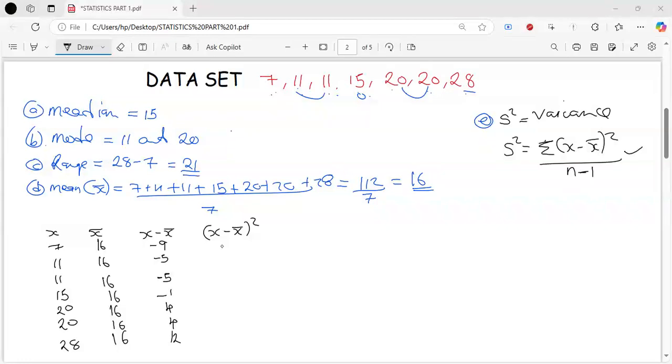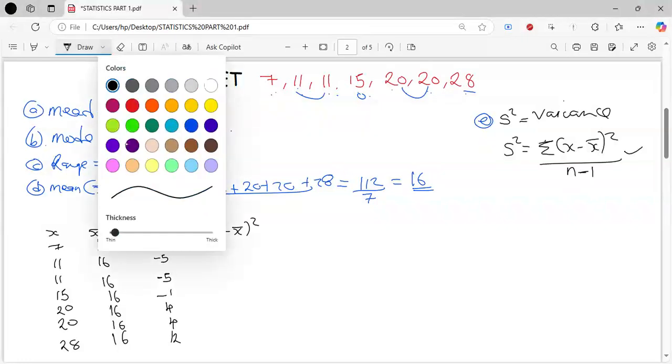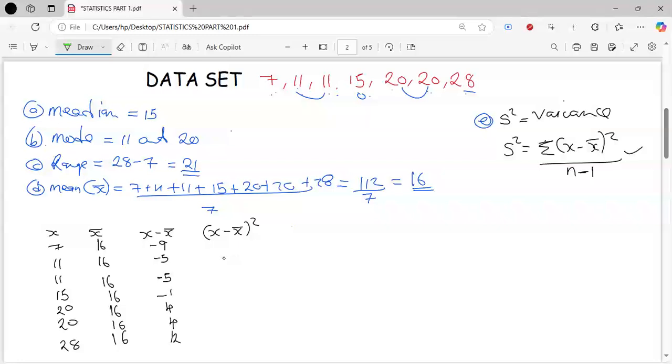9 times that, that's 81, right? So this is 81. Then what is 5 squared? That's 25, right? Then again 5 squared, that's 25. Then what is 1 squared? Is 1. Then 4 squared, that's 16, again 16. Then 12 squared is 144.